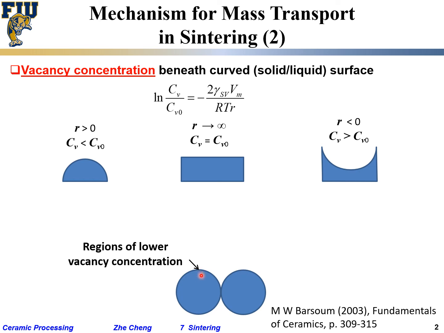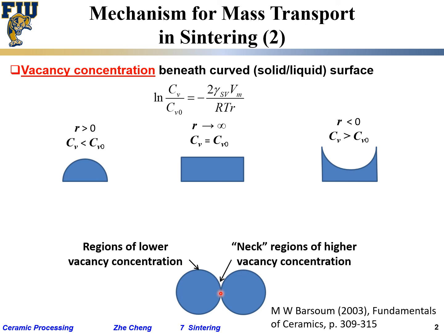And then close to the so-called neck location, we would have essentially a negative radius of curvature, and you would have higher vacancy concentration in this region. Now let's think. We have less vacancy here, more vacancy here.